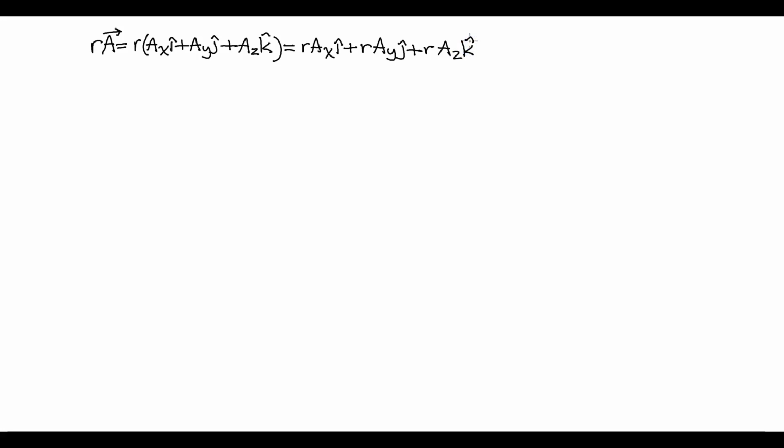So whenever you multiply a vector in unit vector notation by a scalar value, each of the components increases by a scale factor r.